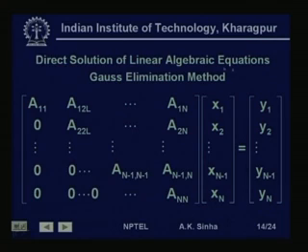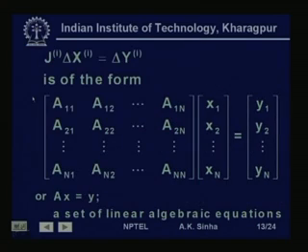Now, what Gauss elimination tries to do is triangularize this matrix A, which is an n by n matrix, into an upper triangular matrix. That is, all the elements below the diagonal A11, A22, ANN are made 0.